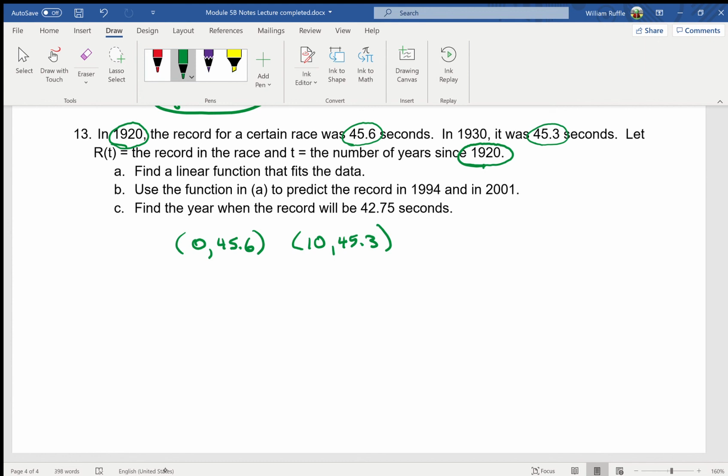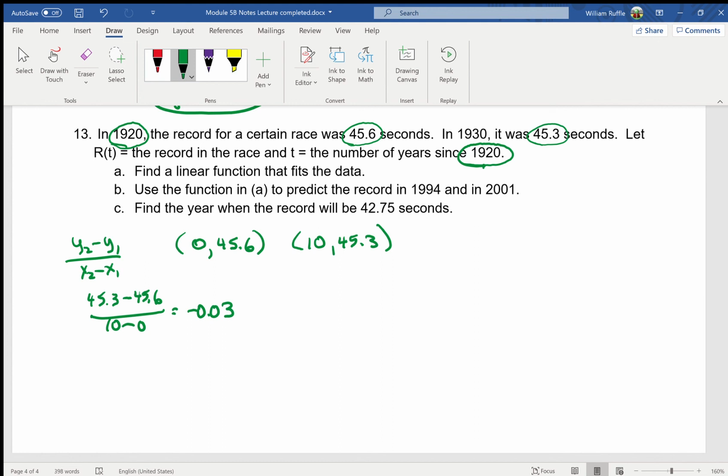So now if I want to find the slope, I have to do my y2 minus y1 over x2 minus x1. So I do 45.3 minus 45.6 over 10 minus 0. I let my calculator do it, and I do get a decimal, and they actually want a decimal slope in this. So it's negative 0.03.